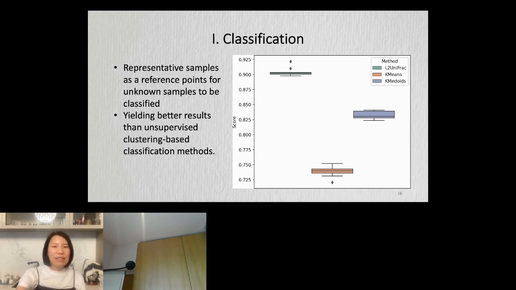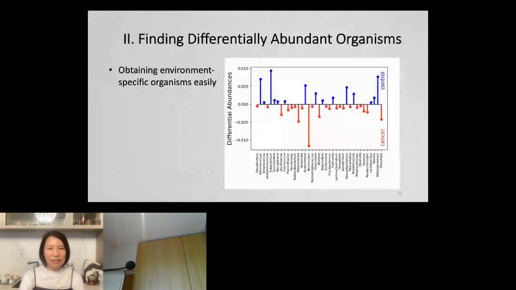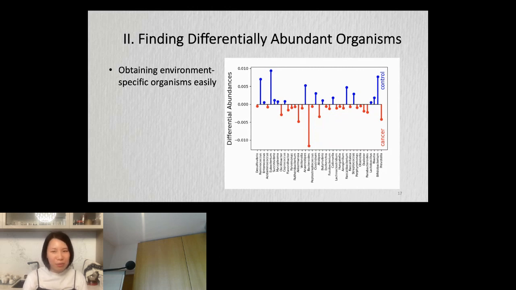Right? And another usage of this representative sample is that it makes comparison between environments easier, because now we only need to look at the comparison between two samples instead of two large groups of samples, right?